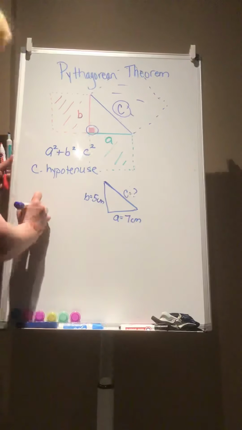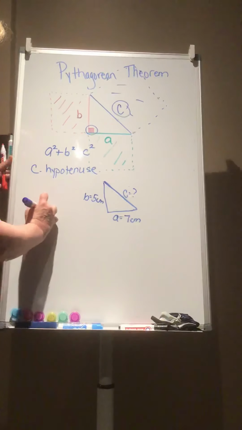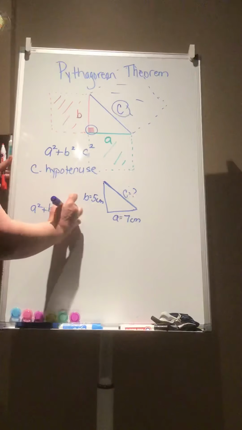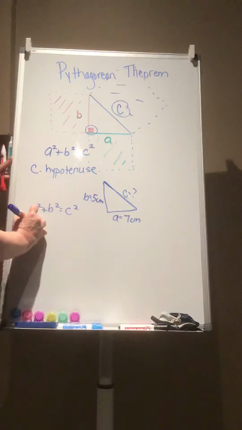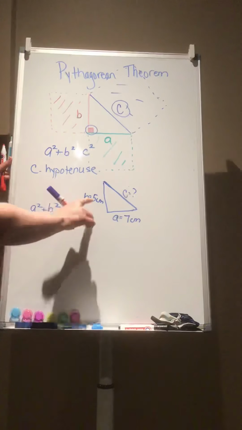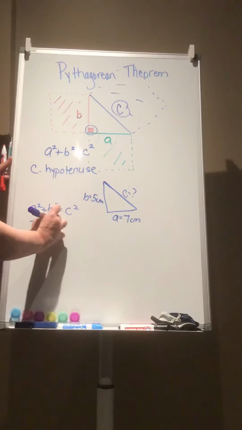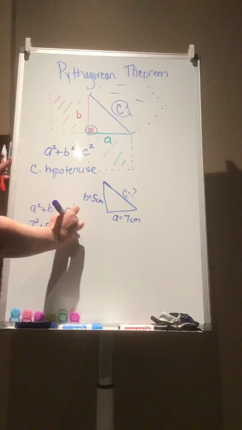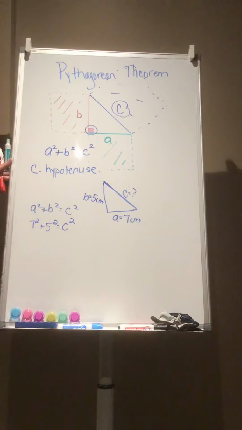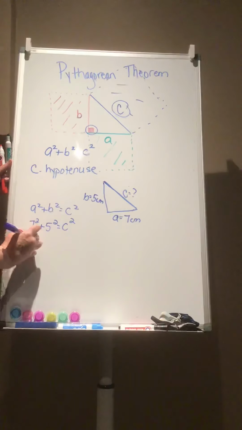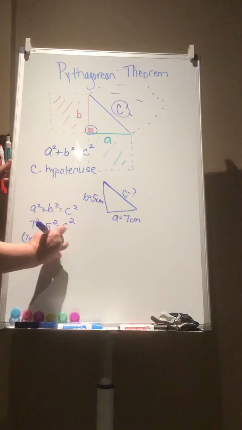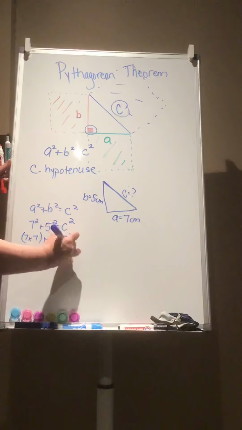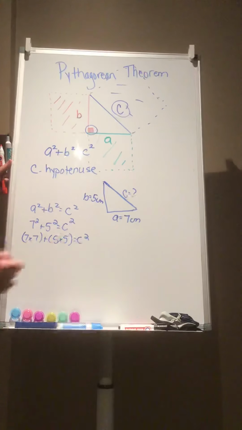I use the formula A squared plus B squared equals C squared. Well, I know A is 7, so 7 squared plus 5 squared equals C squared. If you've forgotten what this means, it just means 7 times 7 plus 5 times 5 equals C squared.